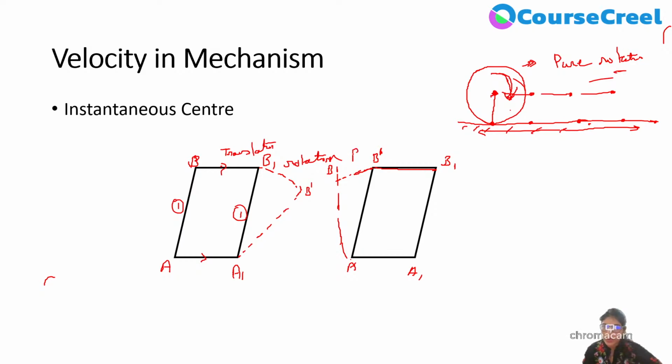Okay, so here what is it? Rotation then translation. But here you can see which point is having more displacement. Obviously A and A1 and B and B1 is having same displacement at this end, but in rotation B point is having more displacement. So the displacement of B is more than displacement of A. Similarly here the point B is having more displacement than displacement of A.